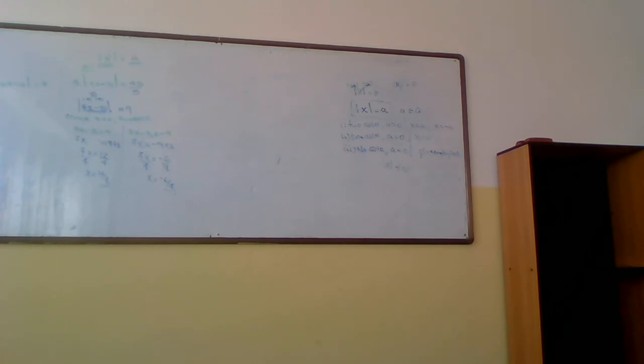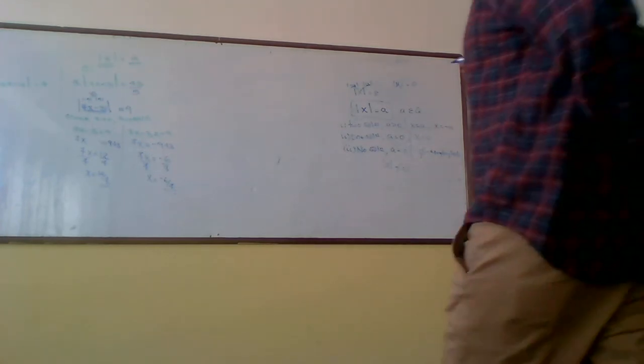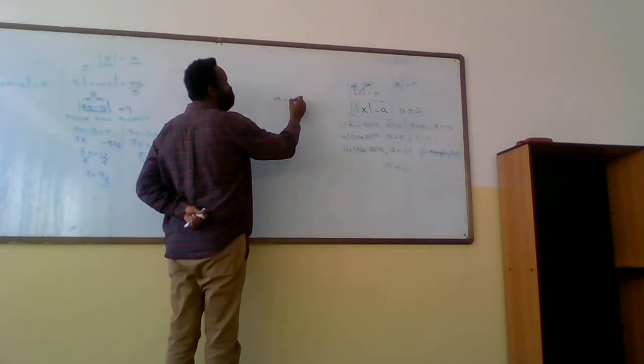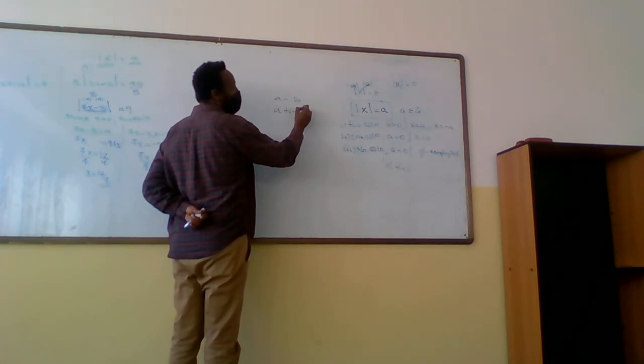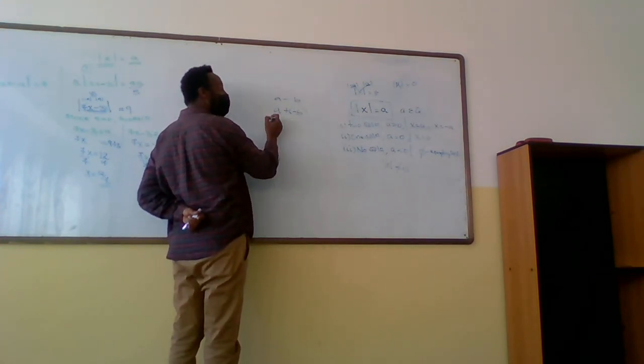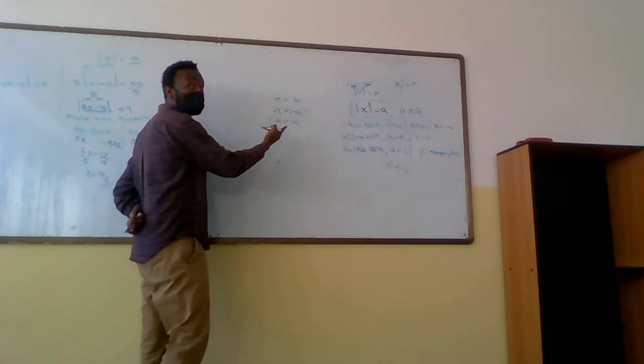What did we say last time? What does A minus B mean? It means A plus negative B. So if I want to switch places, negative B comes and A goes there.